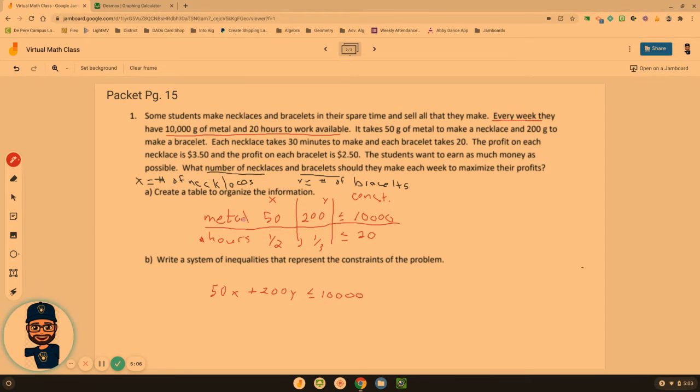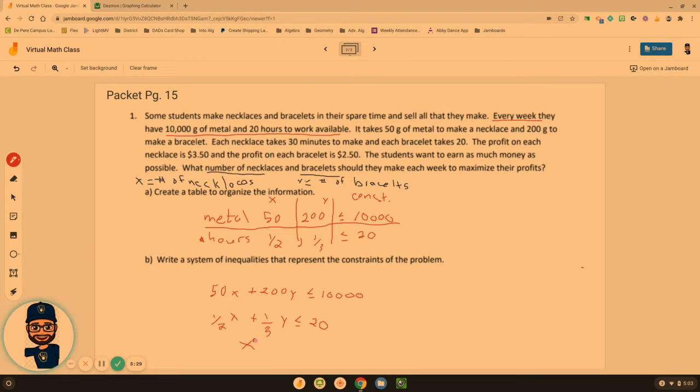Then we're going to talk about the hours that we use. Half hour, so 1/2 X, half hour for every single necklace, plus 20 minutes or 1/3 of an hour for every single bracelet. And I have to be under or equal to, so less than or equal to 20 hours. And then don't forget our last two.